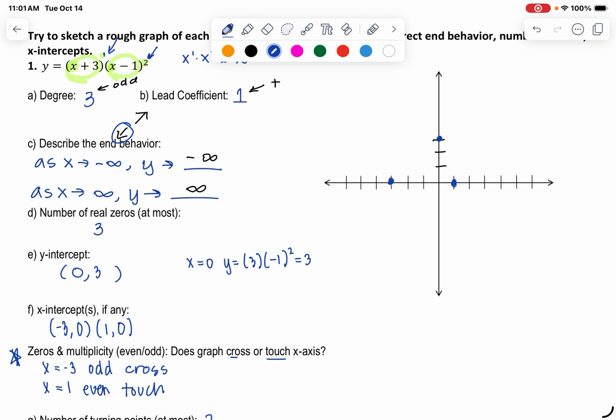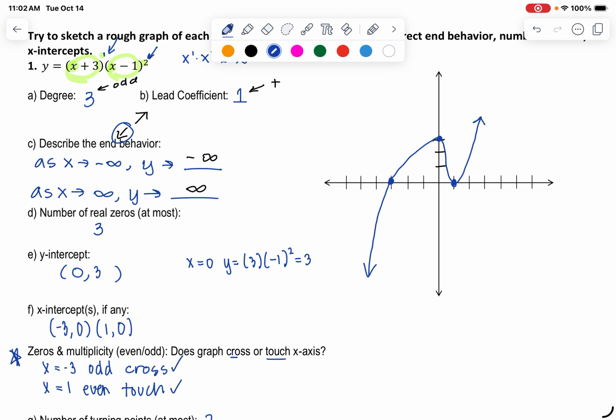So we're going to start with a downward facing arrow. When we get to our first 0 of negative 3, we are going to cross the x-axis. We're going to go through the y-intercept, okay? Then when we get to our second 0, which is 1, we are going to touch or bounce off the x-axis. So this is what our graph looks like.